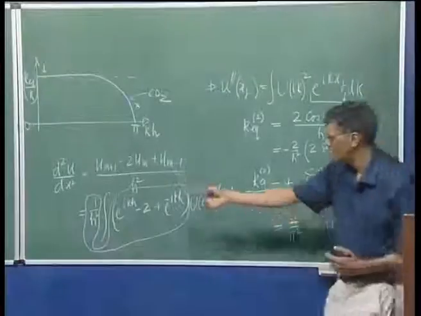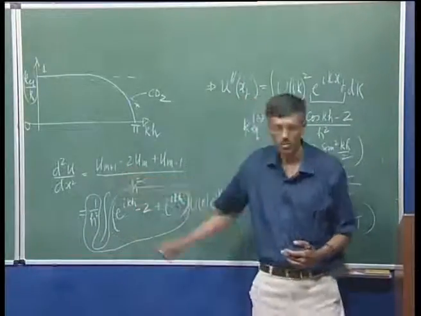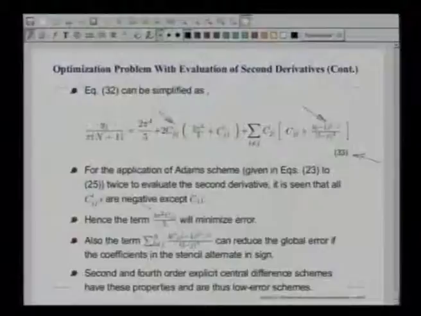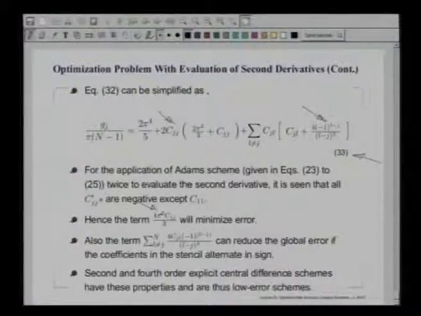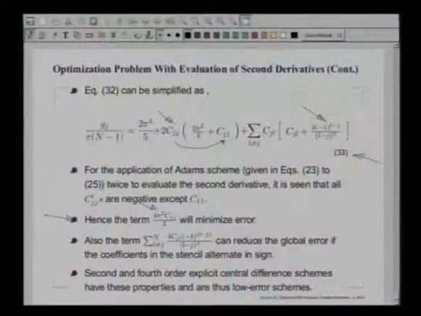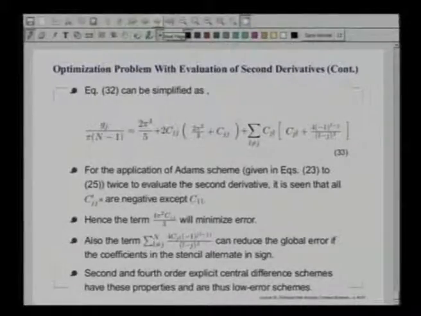So, for example, here the diagonal term is minus 2. That is why such a term leads to error reduction, but not this C j j square. It is only this part, that is what we have noted down here, that term will reduce error. This term of course, will reduce error. So, basically we are looking at the second and the fourth term that can reduce error, and that is one way of minimizing error.